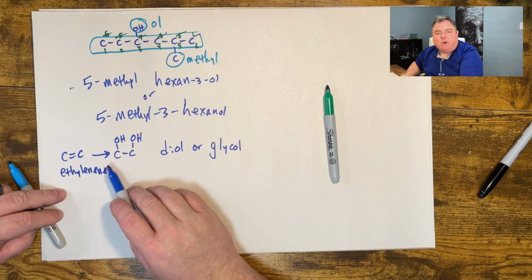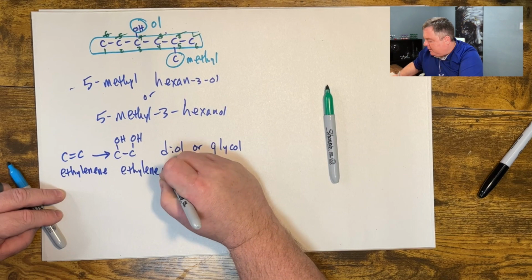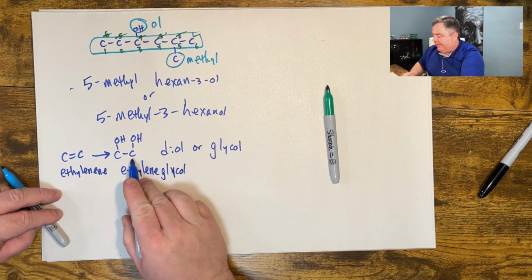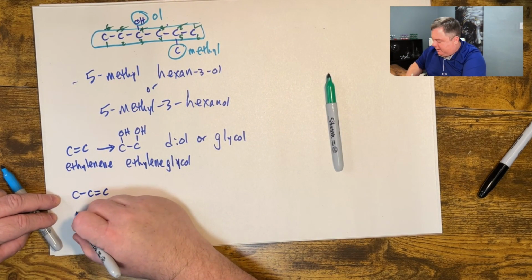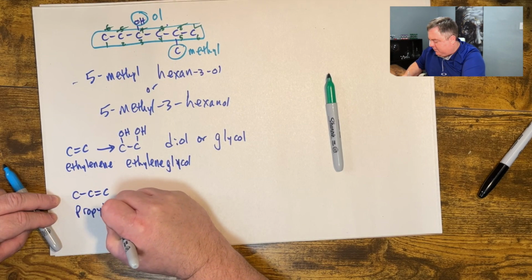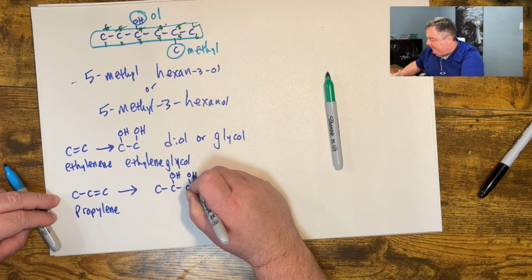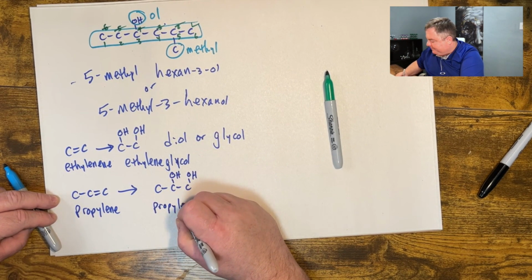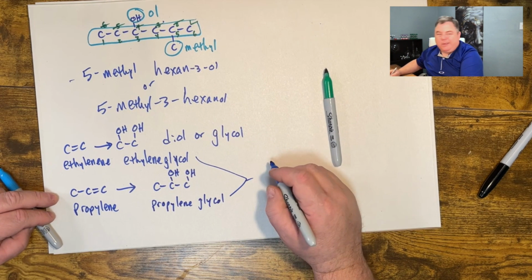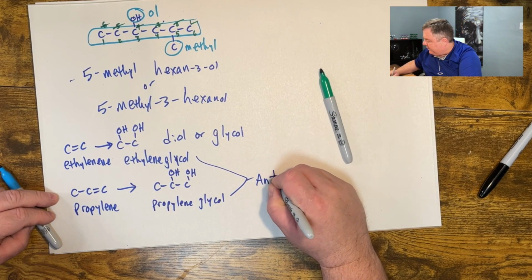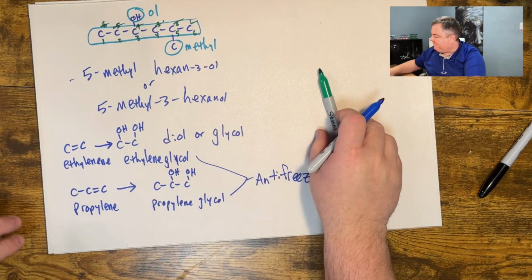So this is the glycol that comes from ethylene, or it's called ethylene glycol. That's what most people would call that. This is propylene. So the 3-carbon glycol is propylene glycol. And ethylene glycol and propylene glycol are the compounds in antifreeze. So that's how you name glycols.